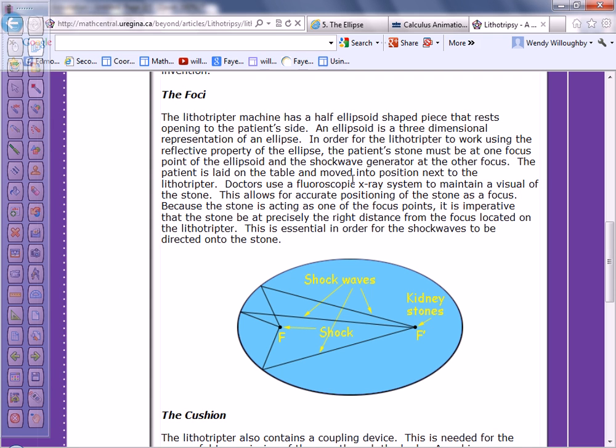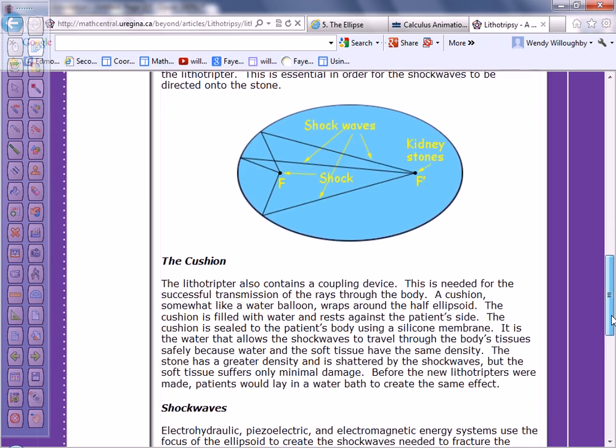The doctors use an X-ray system to maintain a visual of the stone, which allows for accurate positioning of the stone at the focus. Because the stone is acting as one of the focus points, it's imperative that the stone be at precisely the right distance from the focus. So they would have to set you up just right. And then they would send in the shock waves, and there's the machine. Pretty cool, huh?